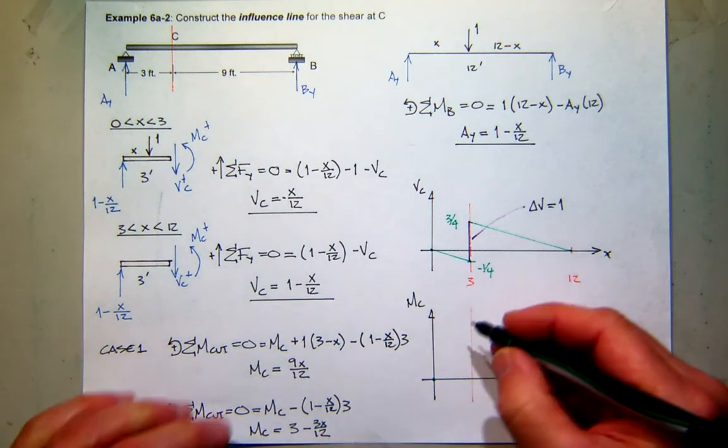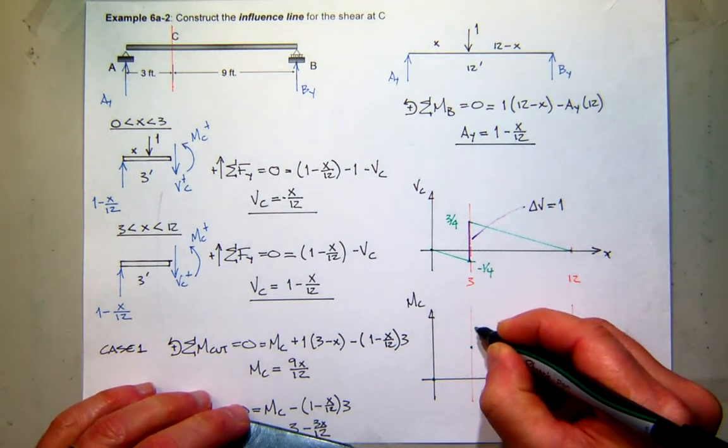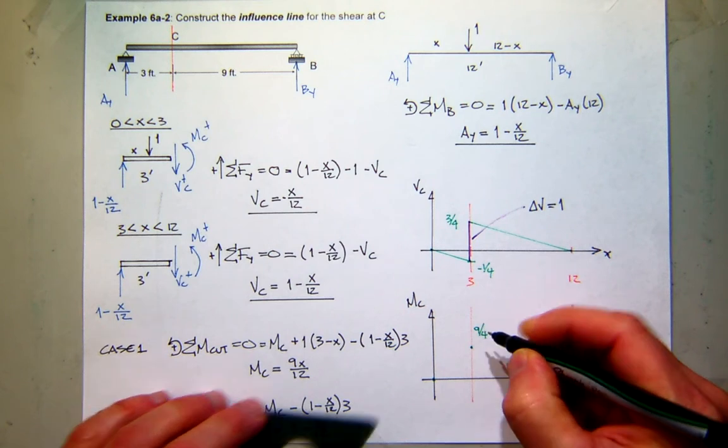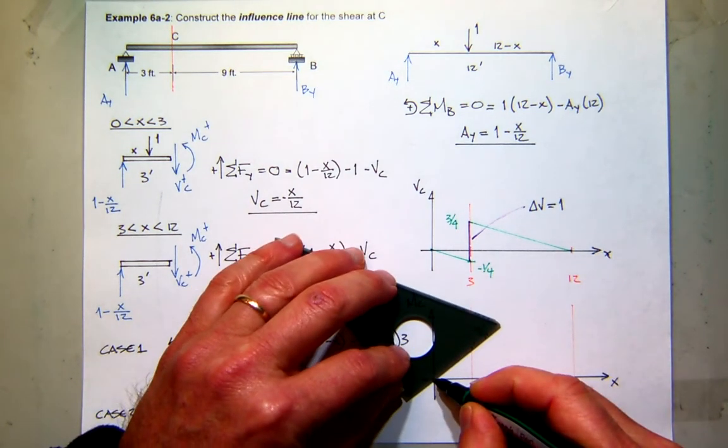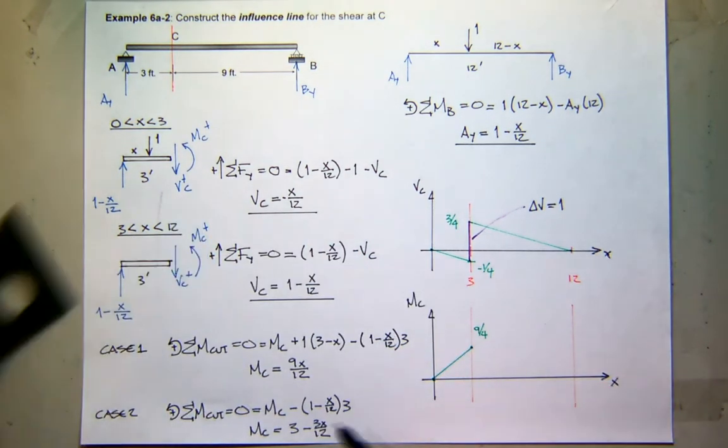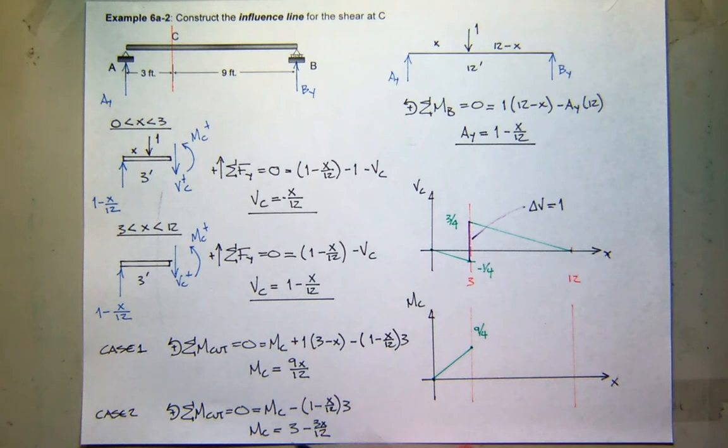Well, let's just leave it at 9 over 4. And that's a straight line. What is this guy at x equal 3? It's 9 over 4. And what is this guy at x equal 12? 0.